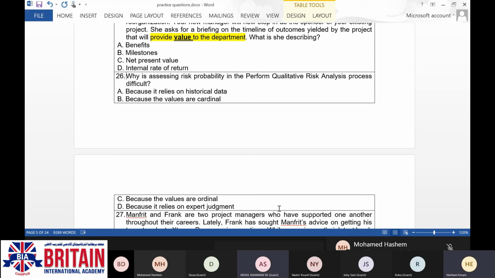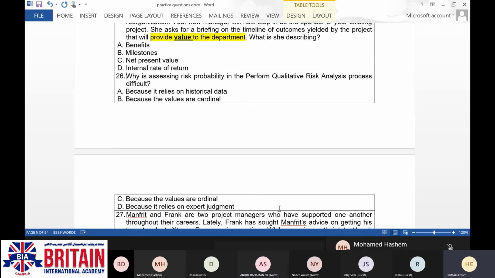When it comes to the difference, quantitative risk assessment mainly talks about numerical values. We are going to talk about the overall project risk.